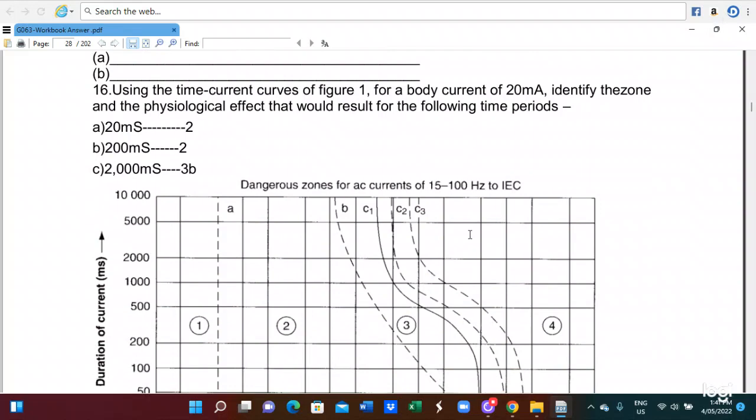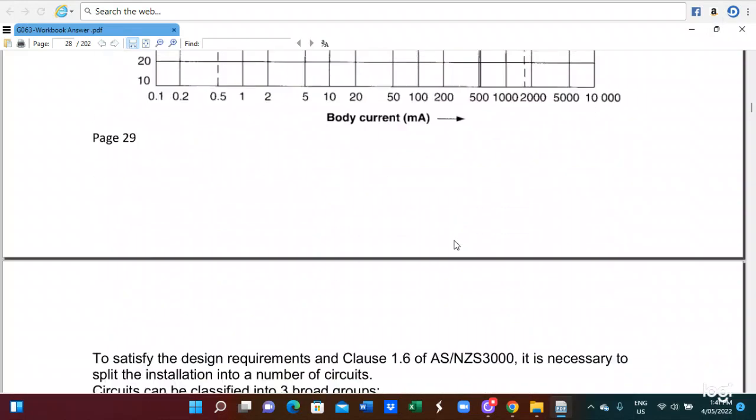Here is a dangerous zone, and also the installation requirement.